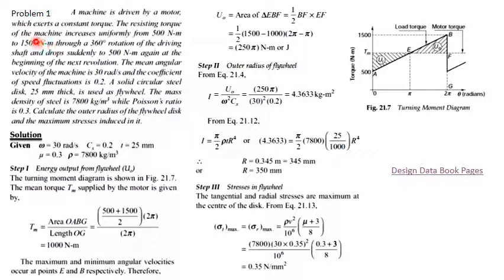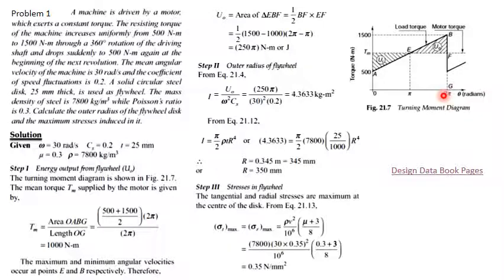So during the cycle, the torque increases uniformly from 500 Newton meter to 1500 Newton meter through a cycle of 360 degrees, and it suddenly drops to 500 Newton meter again at the beginning of the next cycle. So we have drawn the T-theta diagram as per the given condition, when the torque is increasing from 500 Newton meter to 1500 Newton meter during the cycle of 360 degrees, that is 2 pi.